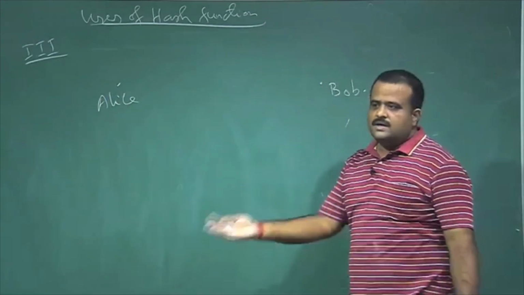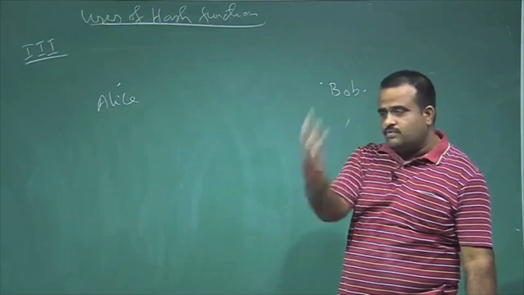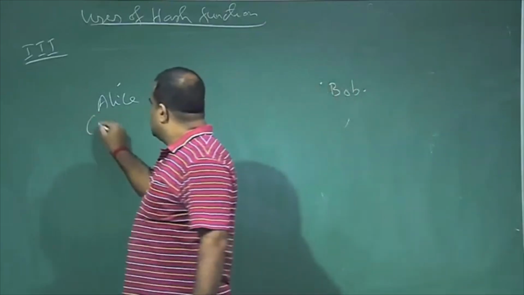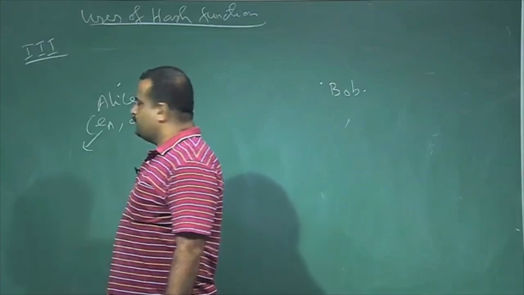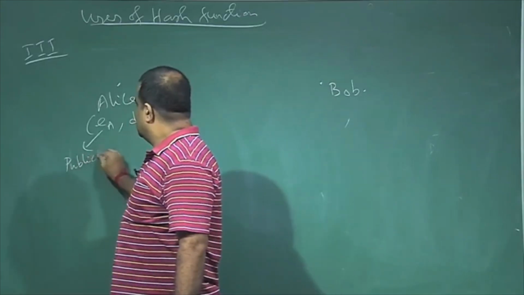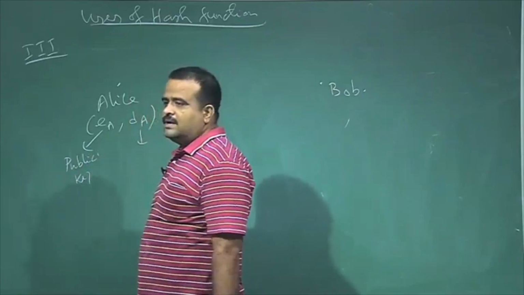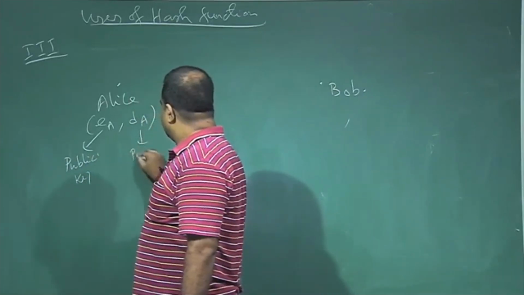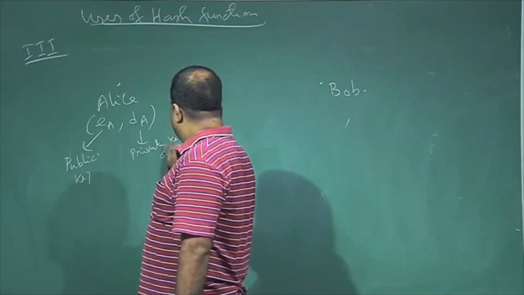That means they each have a pair of keys. Alice has E_A and D_A. This is basically the public key of Alice, and this is basically the secret key, or the private key, of Alice.